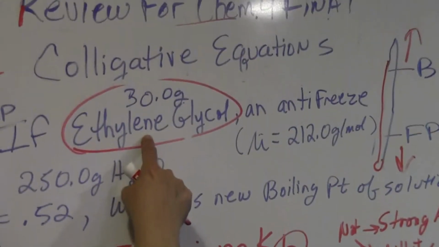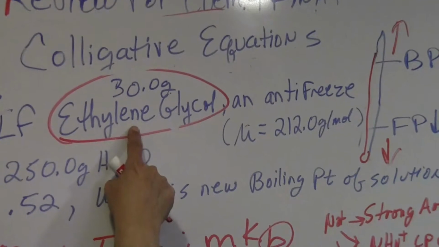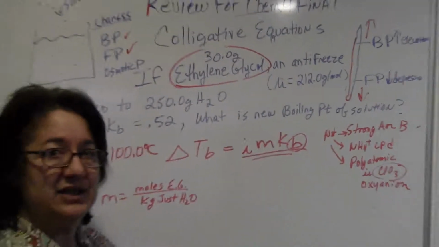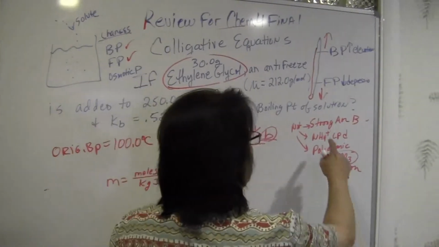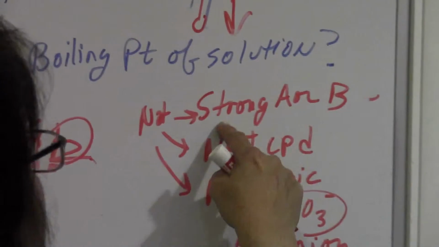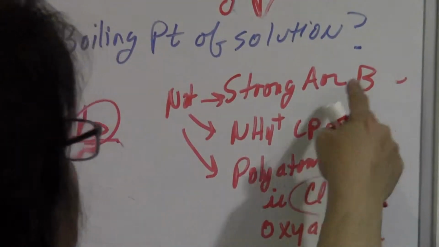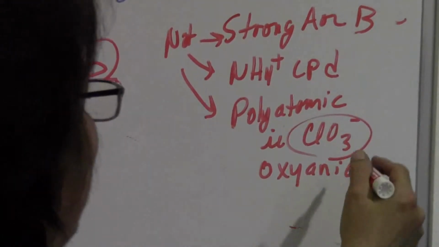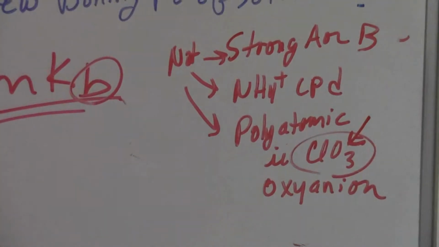Let's look at ethylene glycol. Remember, the I values are based upon how many particles, positive and negative, release in the water. The only compounds that have an I that's not 1 are the strong acids or bases, the ammonium compounds, the polyatomic ions that have oxygen in them.